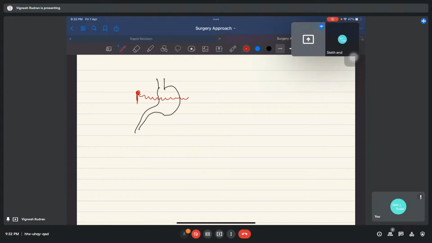From that, you have your right gastric artery, and directly from your celiac trunk, you have the left gastric artery. This will split over here, and this is your hepatic artery, and then this is your pancreaticoduodenal arteries. Here you'll have one branch, this is your right gastroepiploic artery. From the spleen, you will have your left gastroepiploic artery, and here short gastric arteries. So this is the blood supply.